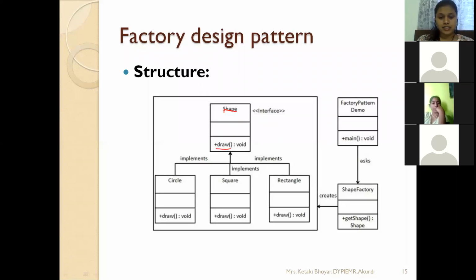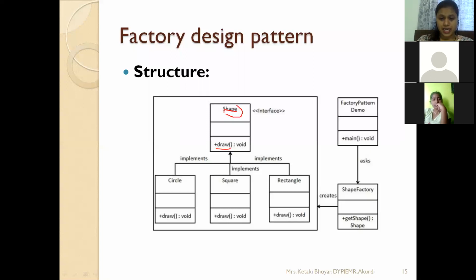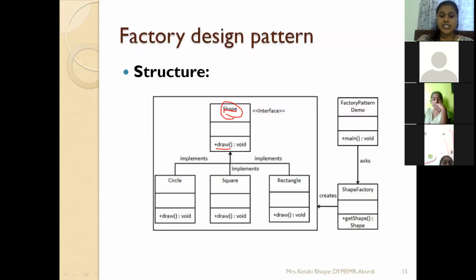It returns nothing. Only the method is defined here. All the subclasses, circle, square, and rectangle, will implement the method defined inside the interface. So what we have done till now is define one interface with the name Shape. Shape is an interface which has one method, which is draw.